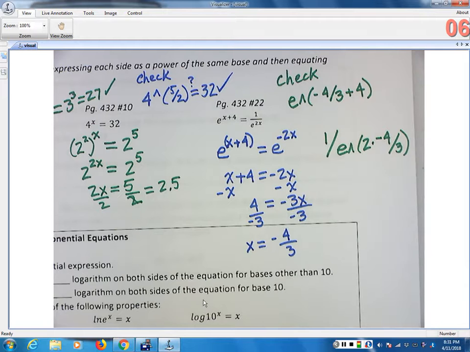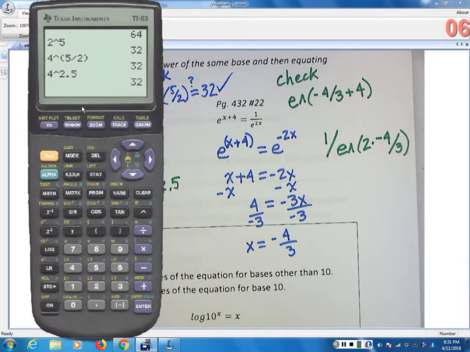I'm going to put those in my calculator. The e to the x key is above the natural log, so you push second, natural log, negative 4 divided by 3 plus 4.